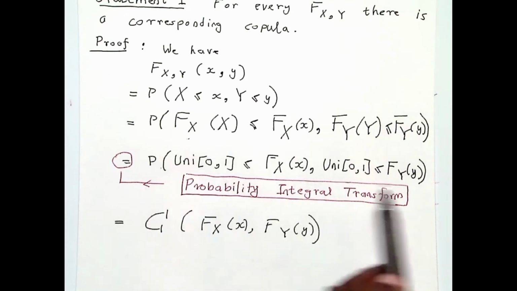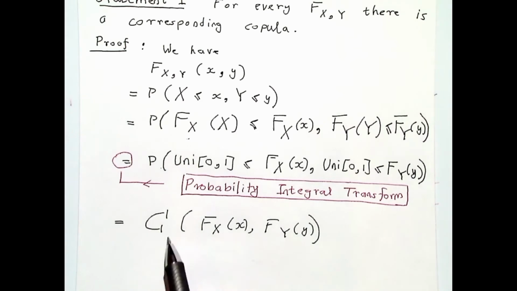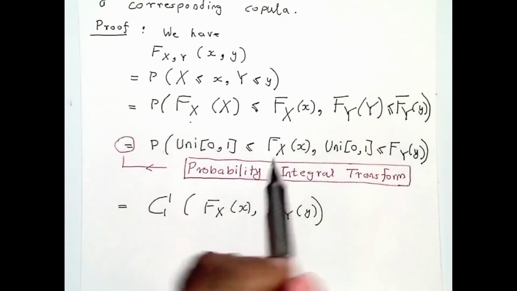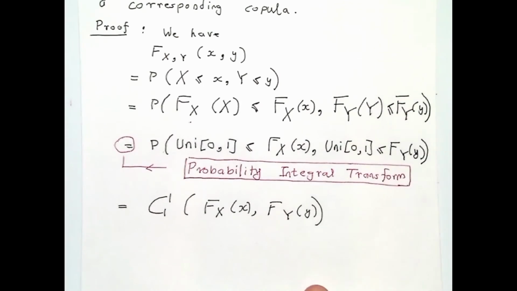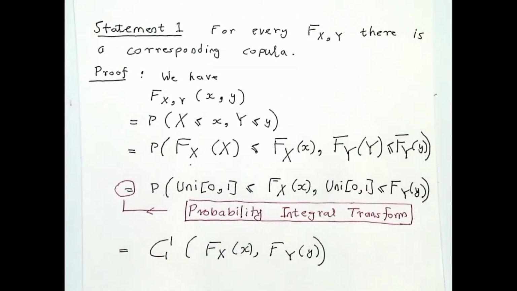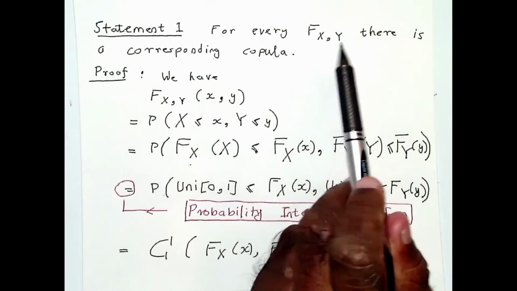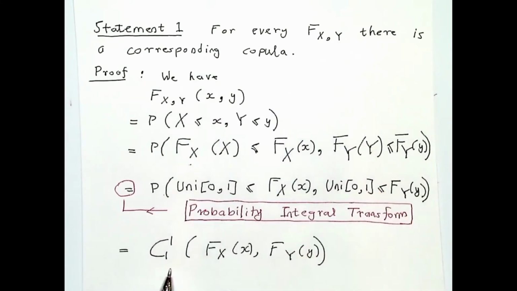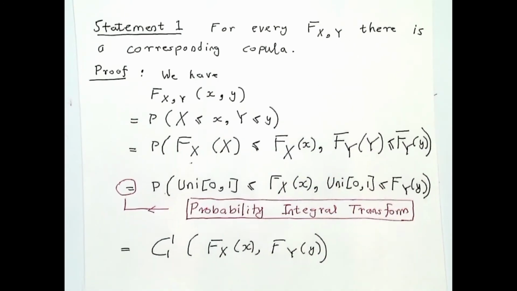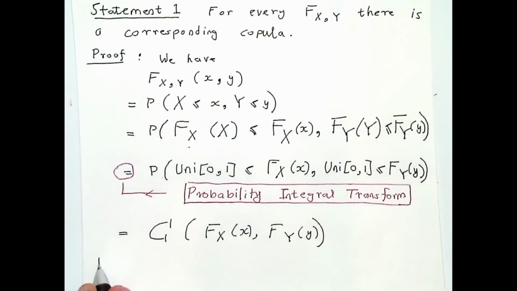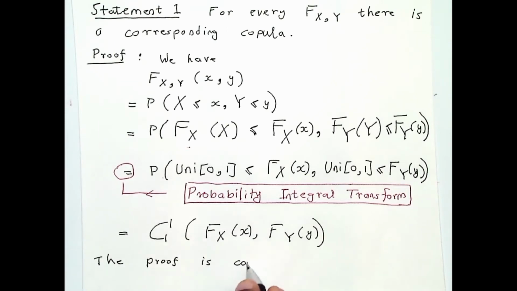So we can write this joint probability as C of this comma this. So hence we have proved that for every joint CDF of X and Y, there is a corresponding copula C. And that's what we have to prove. Hope this is clear. Okay.